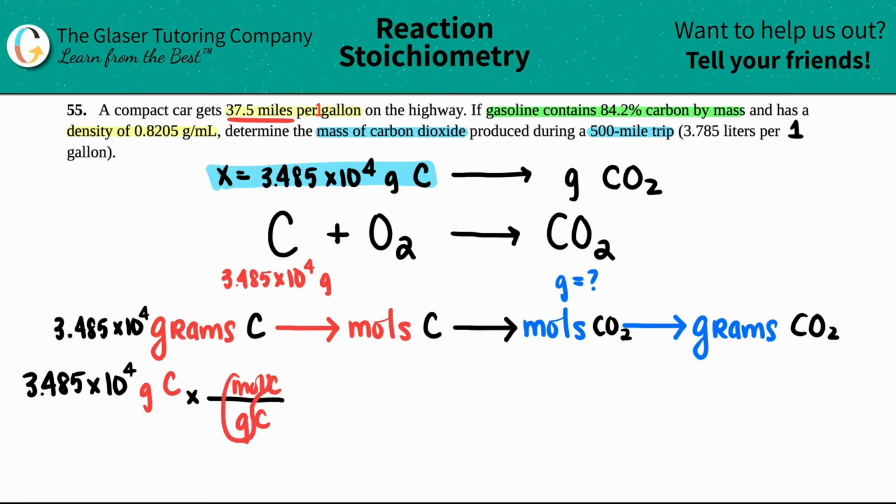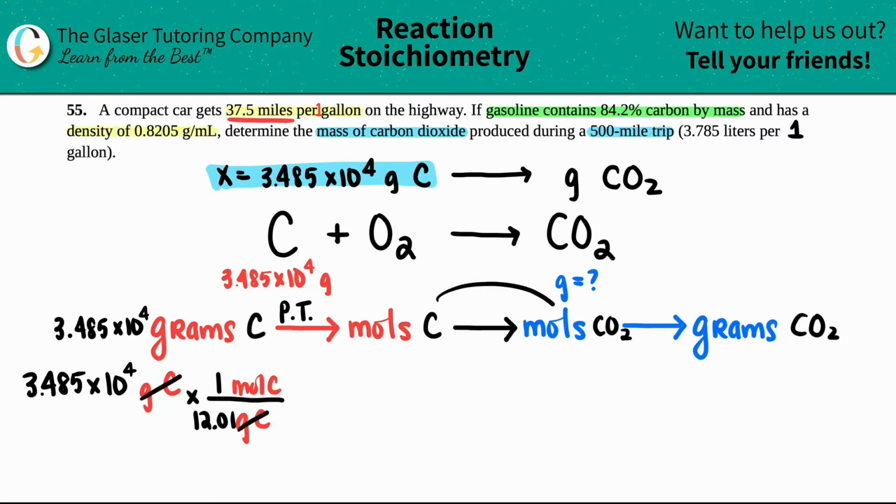This is a mole to gram conversion of the same element, so that's using the periodic table. If you're using the periodic table, you always have 1 mole, and the mass of carbon goes right where the grams are. On my periodic table, it says that each carbon is 12.01 grams. Now I cancel out those units.